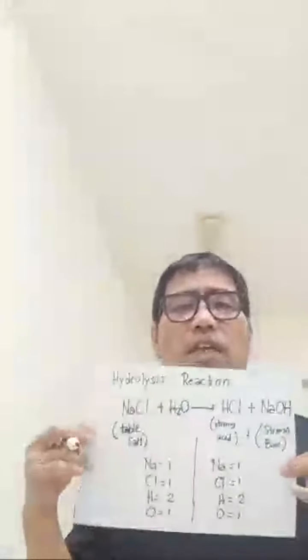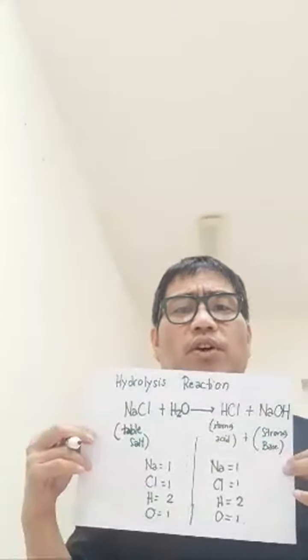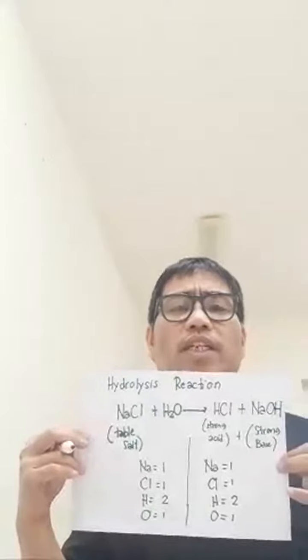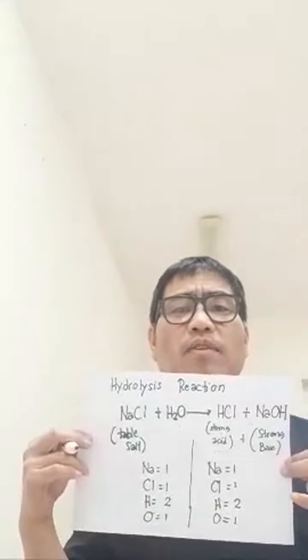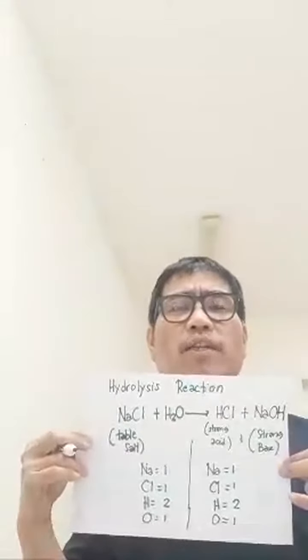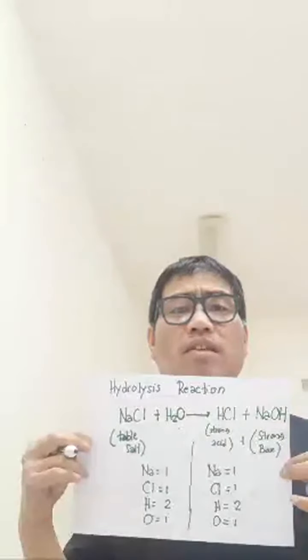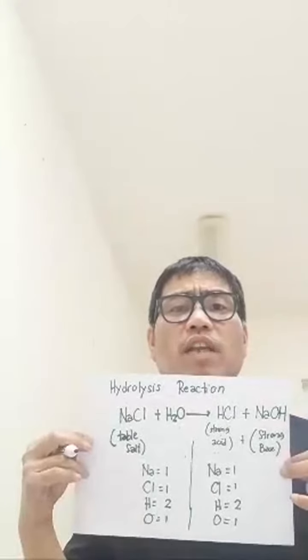In this equation, the HCl is our concern, because our concern is the electrolyte, which is coming from the salt sodium chloride. So we are concerned with this in the colligative properties, because in the colligative properties we depend on the number of ions or molecules, but not on the nature and the identity of the species.